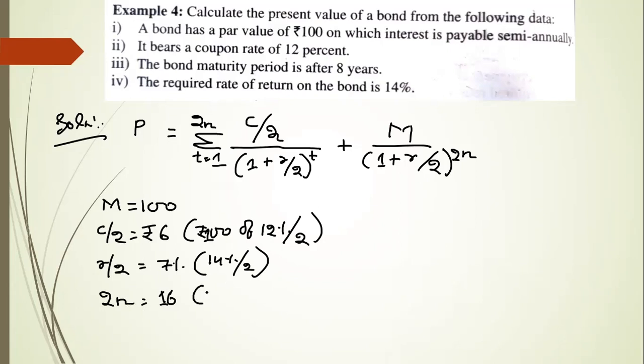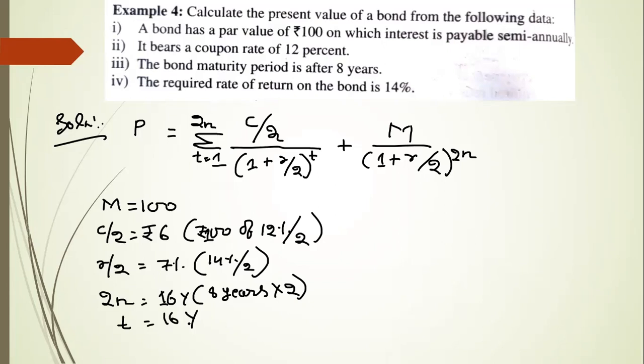It is actually for 8 years, okay, 8 years, and it is semi-annually. So that's why we are multiplying by 2. And now the T, that is again 16 years. Why 16? Because semi-annually we are paying interest, and the coupon also we are paying semi-annually.